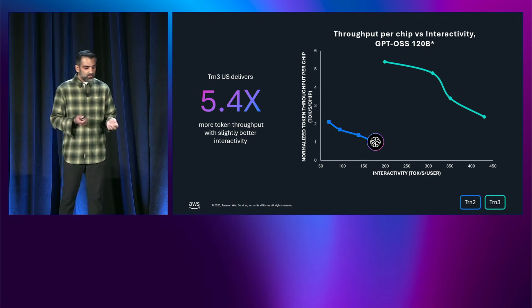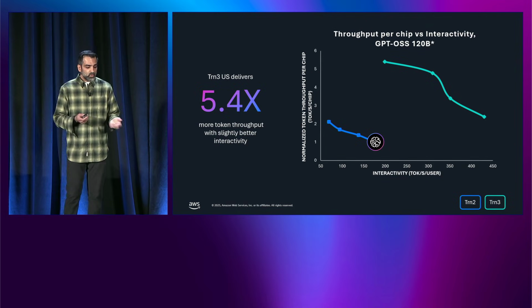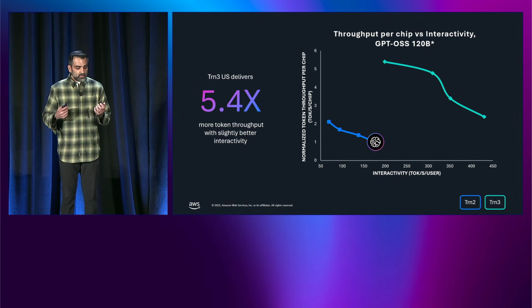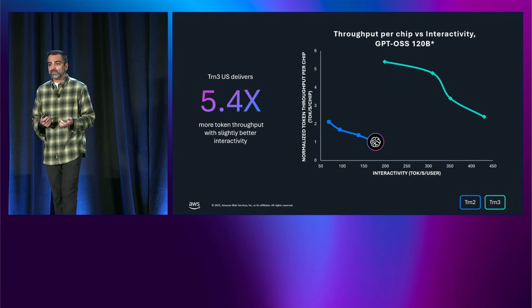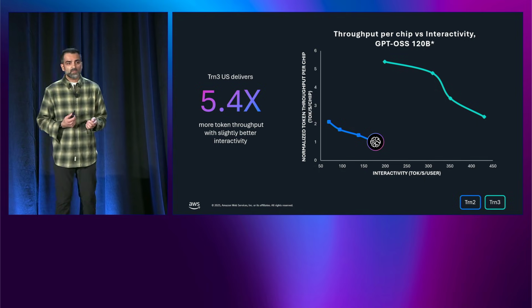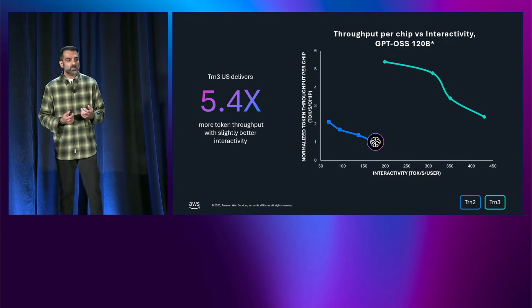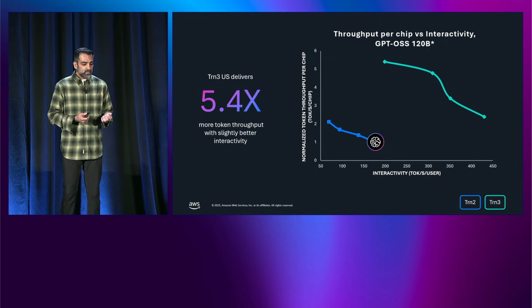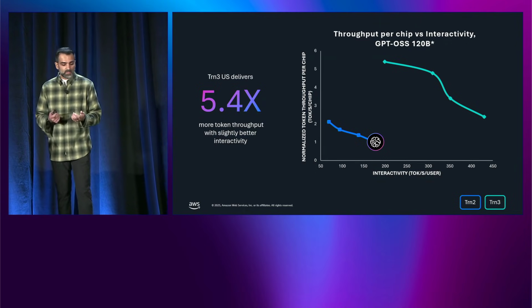So with Trainium 2, you're able to deploy your workloads today and get really responsive models, and you're able to do this with, I would say, medium concurrency, right? So we can serve these large models. We can serve multiple users at a time and get good performance.